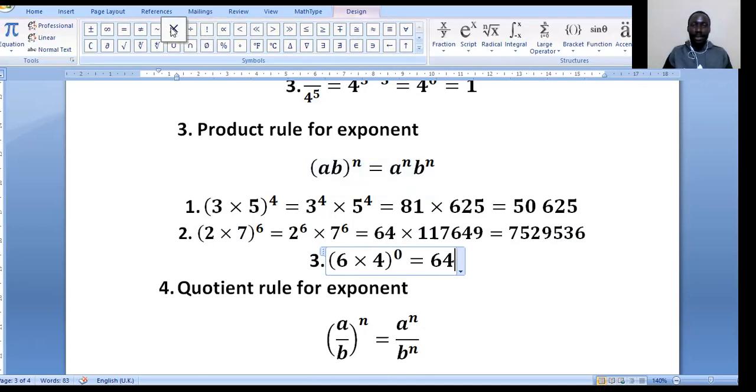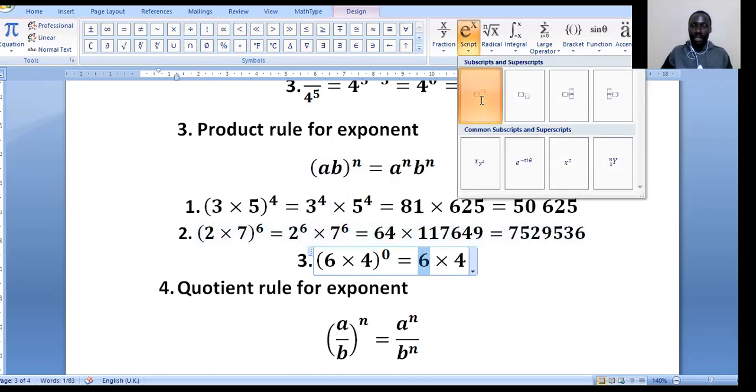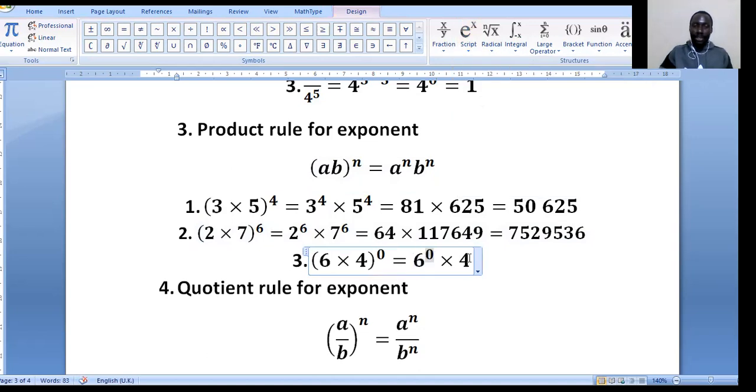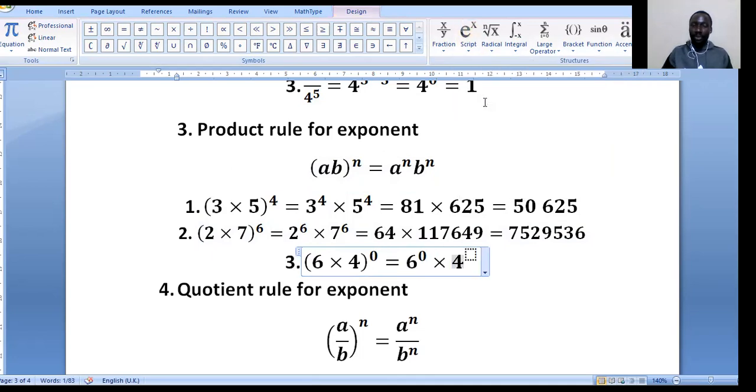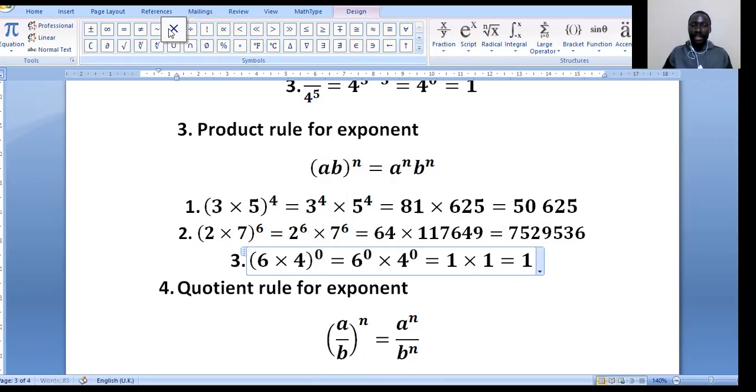So we'll be having the exponent of 0 distributed on 6, that is 6 exponent 0. Then also the exponent of 0 will be distributed on 4, so that we have 4 exponent 0, that way. So now from that, notice that 6 exponent 0 is 1. That we now have to multiply with 4 exponent 0, which is also 1, and that gives us a final value of 1.